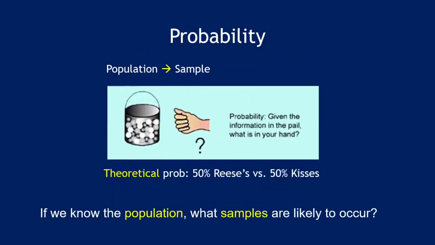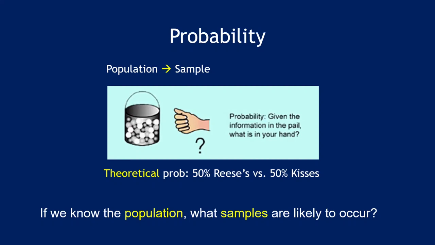So again, probability is really about using the population to predict what's going to happen with the sample, right? If you have the theoretical probability that 50% of the population in the world like Reese's peanut butter cups and 50% like Kisses, then you'll be able to predict, if you pick a customer at random, the probability that that person will like Reese's versus Kisses, right?